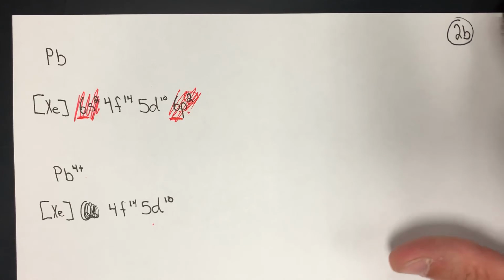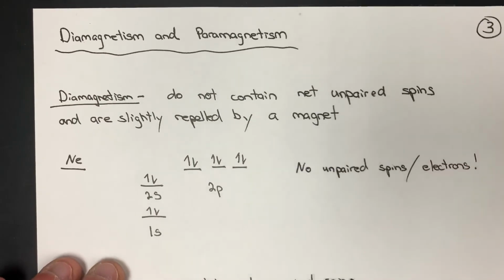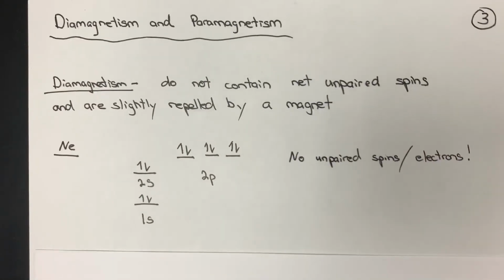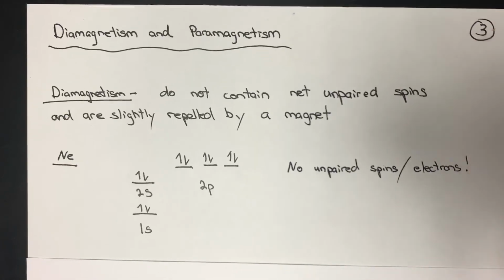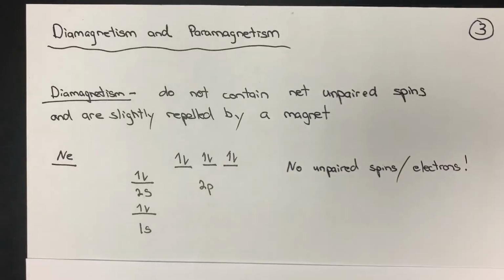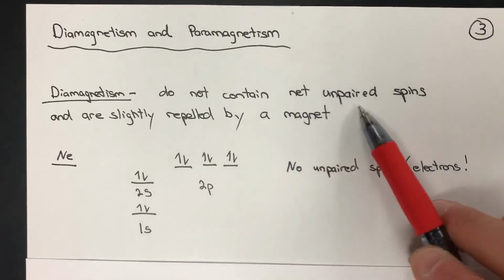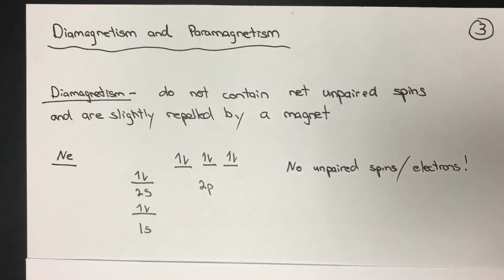Okay, the last thing I want to discuss is the concept of diamagnetism and paramagnetism. This is pretty simple to digest. As far as diamagnetism goes, bottom line is these different atoms, or these ions, do not contain any unpaired spins or unpaired electrons.